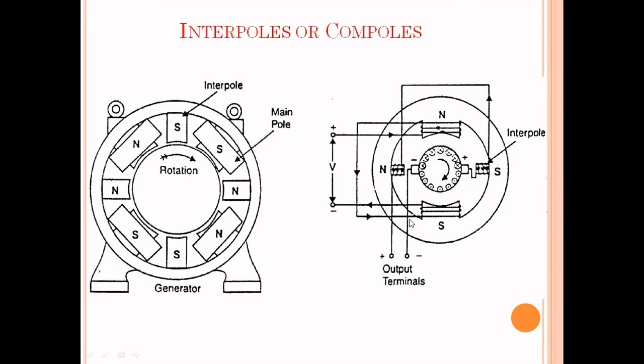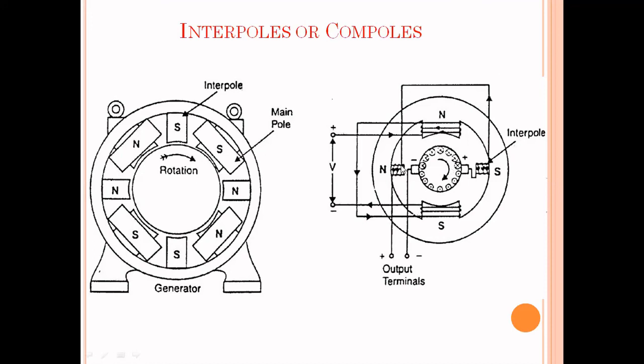When the interpoles carry current, the interpoles and armature are connected in such a way that they carry the same armature current but in opposite direction.